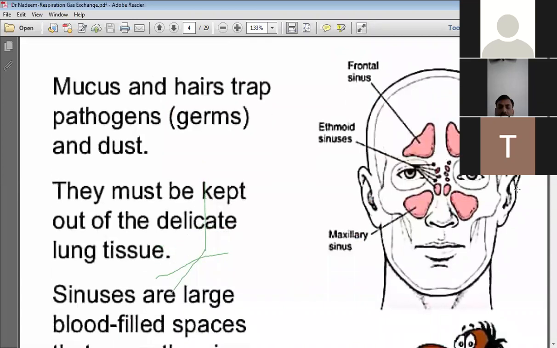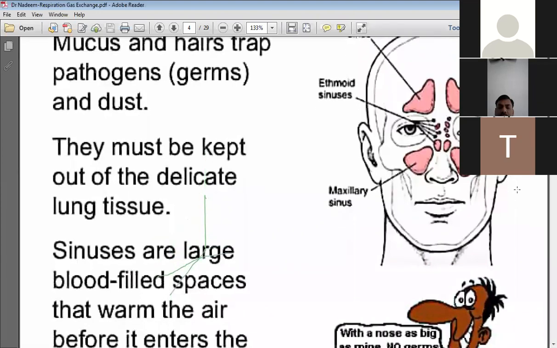The mucus and hair in our nose trap pathogens, disease-causing microorganisms, and they also trap dust. These infectious agents and dust particles must be kept out of the delicate lung tissue so that only oxygen goes to the tissue through the air.